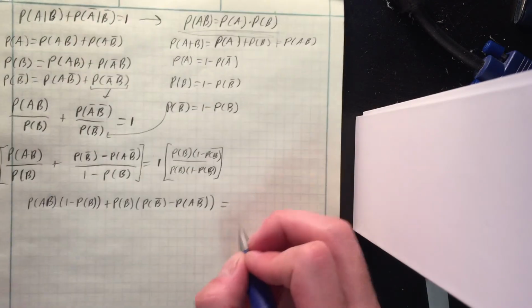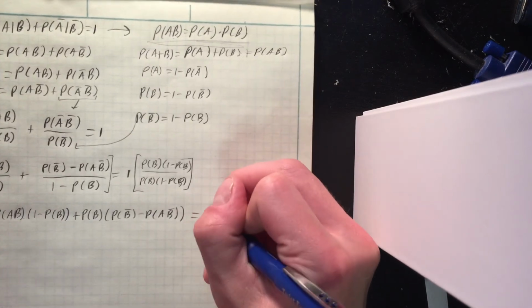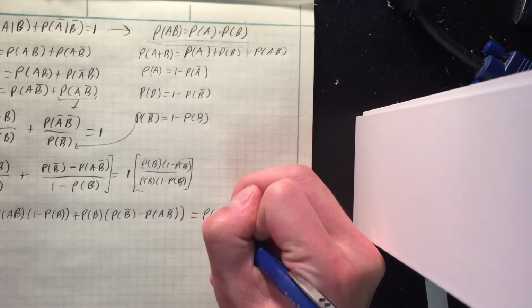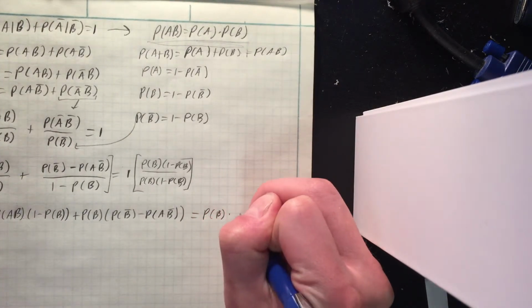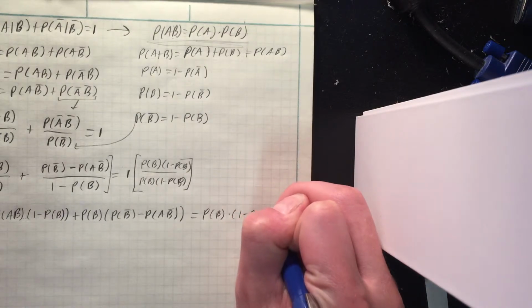The last piece here will be probability of B multiplied by 1 minus the probability of B.